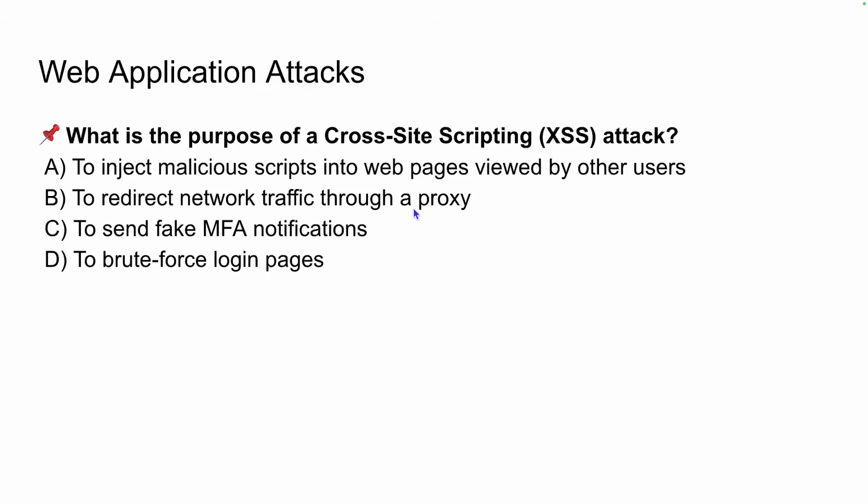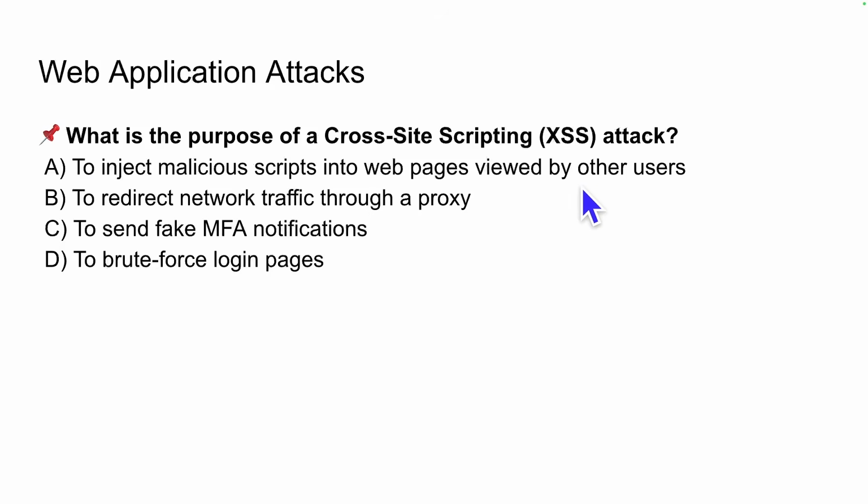To redirect network traffic through a proxy, no. To send fake MFA notifications, no. To brute force login pages. It could be D, it could be A, definitely not B, and it's not C. I feel most confident about A, because the injecting of malicious scripts is the part that I'm most confident about.